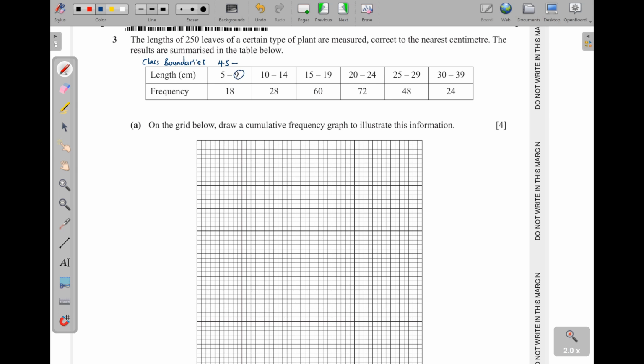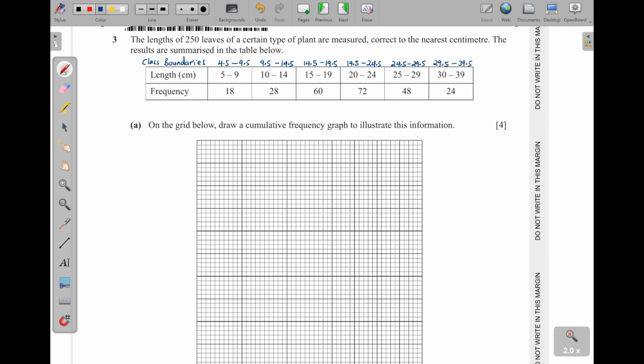Then the upper, you add the 0.5, that is 9.5. Then this one will be 9.5 to 14.5, then 14.5 to 19.5, then 19.5 to 24.5, 24.5 to 29.5, then 29.5 to 39.5.